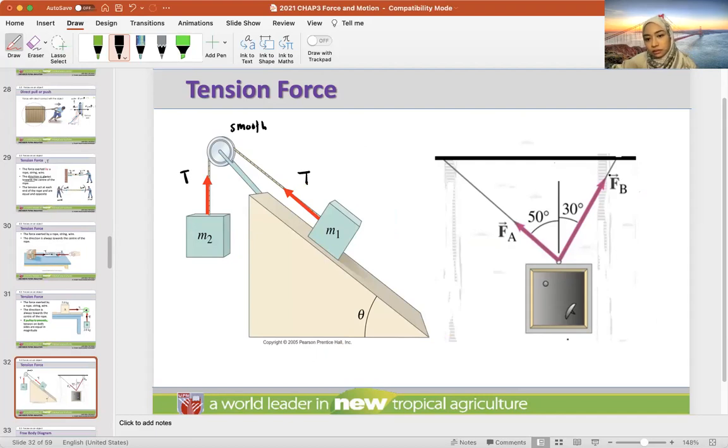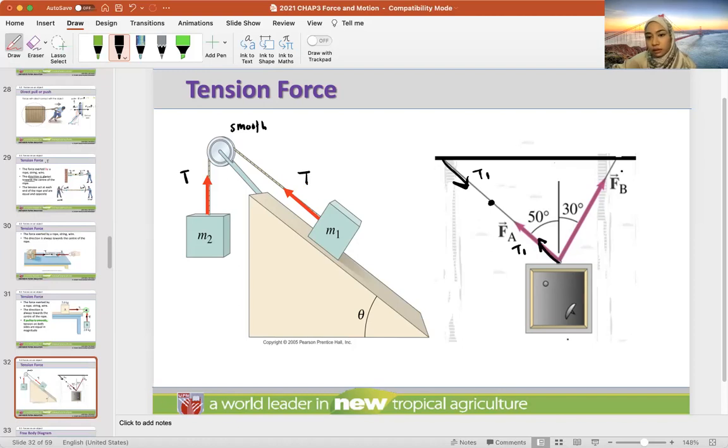For this case, where is the tension for this object? There is no pulley. It has two strings. So the tension is here, T1, T1. This is the center.